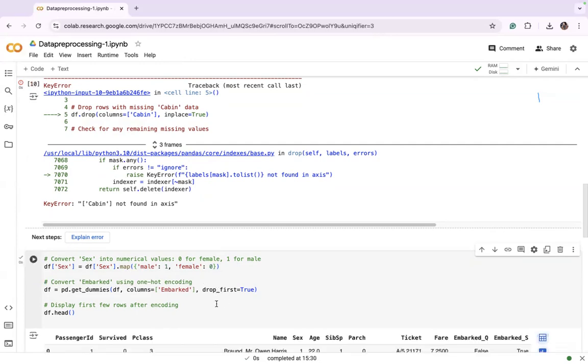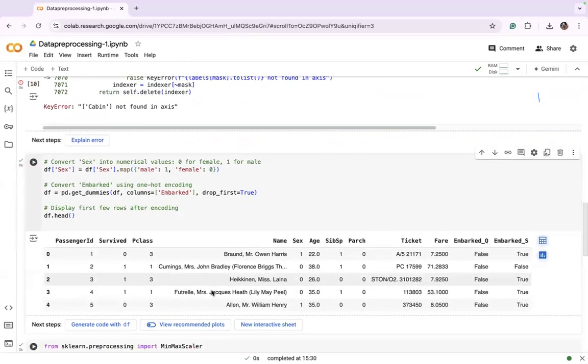Now you can see here, directly come to this one. Previously we had sex as female and male. Now it becomes 1 for male and 0 for female.